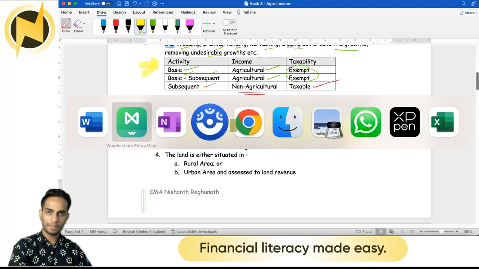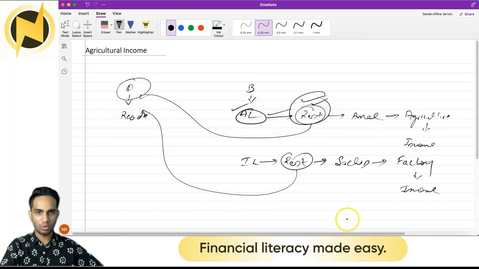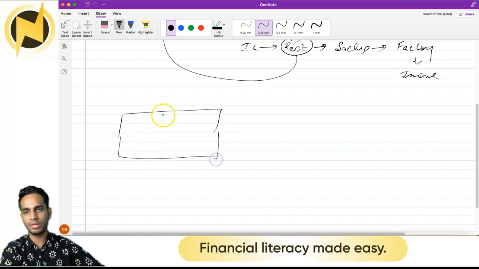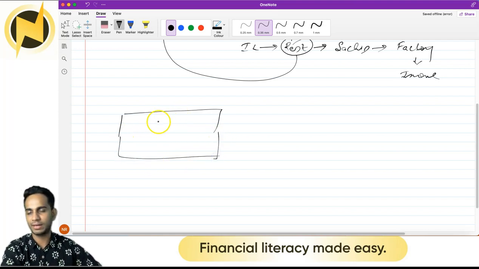Say this rectangular plot right here is my agricultural property. I have a small farmhouse here. Condition satisfied, because the farmhouse is within the agricultural land.